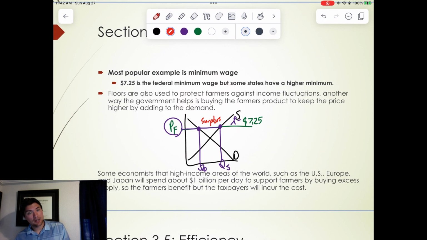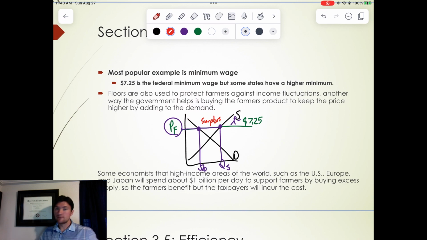So sometimes the government will pay farmers to not farm, because it might be cheaper to pay them to not farm than to grow excess supply. And that does happen. They'll actually say, you know what, if we pay you not to farm, that'll save us some money, but you get money.